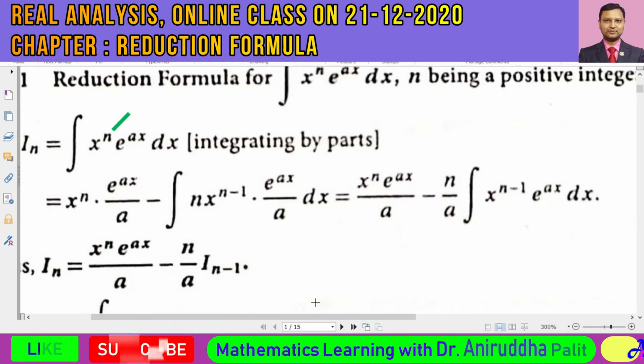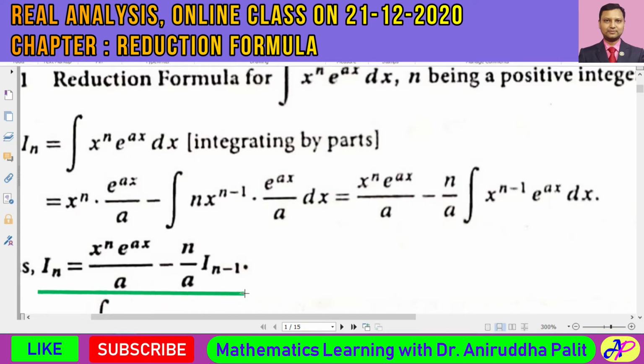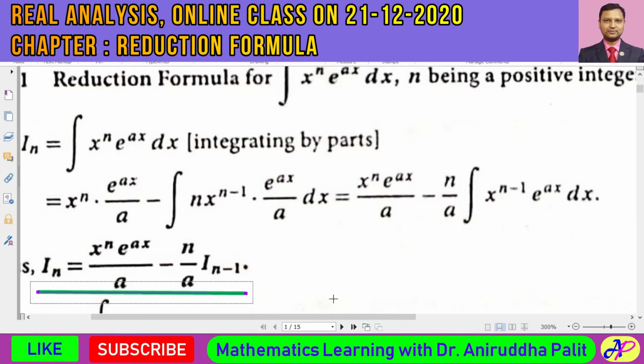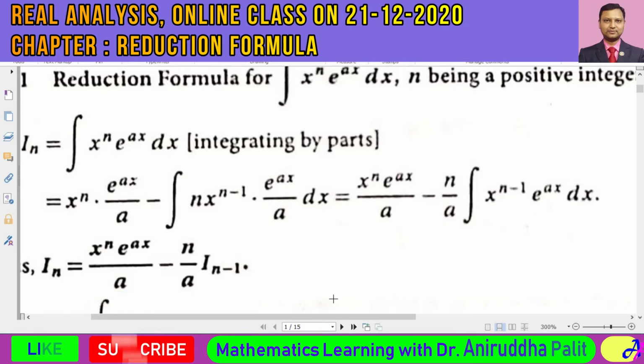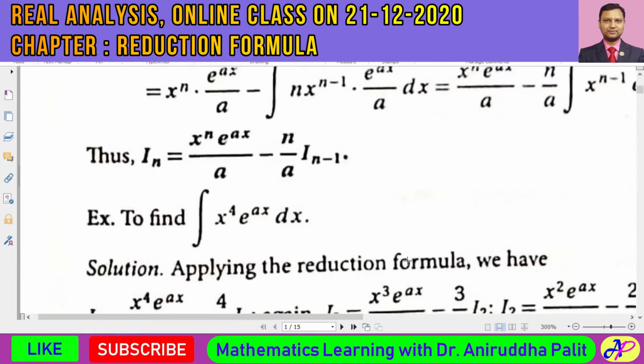So ultimately this expression will be simplified, and finally we will be able to compute the expression of this entire integral. So this kind of formula is actually called a reduction formula. So you don't have to remember this kind of formula. Just try to remember the technique. I don't remember any of these formulas represented over here.